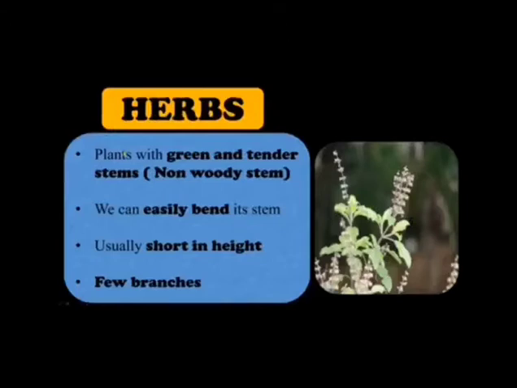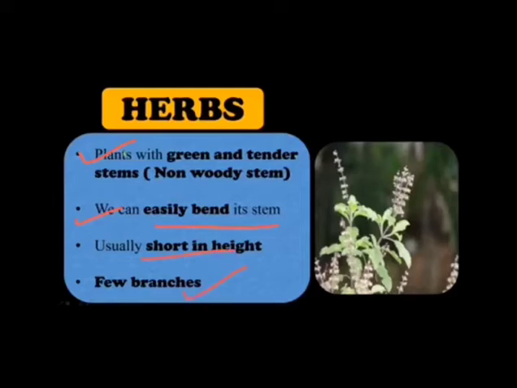Herbs are plants with green and tender stems. Plants with green and soft stems, basically the non-woody stems, are known as herbs, and we can easily bend its stems. Usually they are short in height and they have few branches.